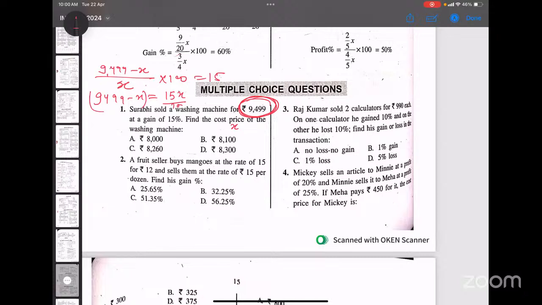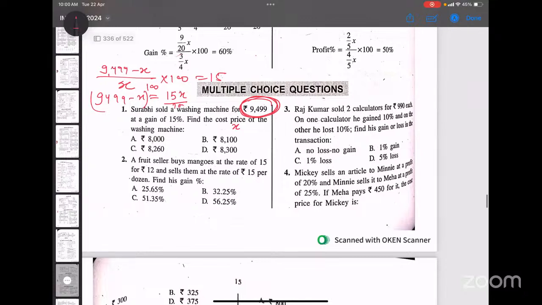If you take it to the other side, this will be 9,499 into 100 divided by 15X plus 100X, 115X. You can find out the value of X from here. Are you getting it?